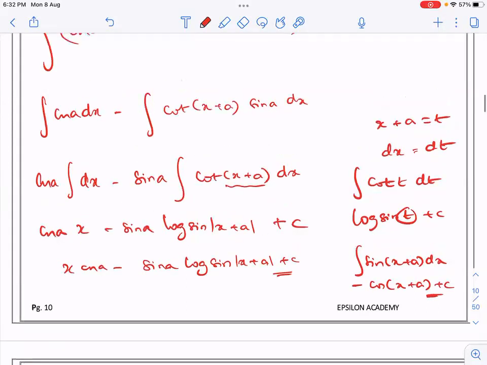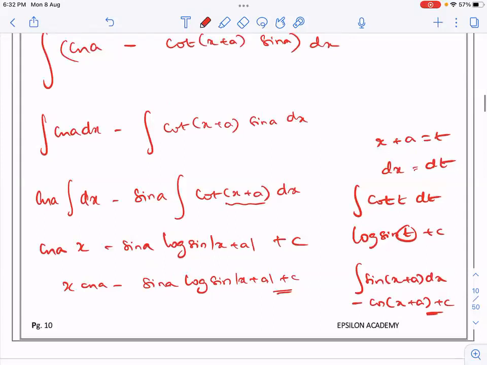Is the answer matching? x cos a minus sin a into log of sin(x + a) plus c. The integration of cot(x + a) dx is log sin t, how is that, sir?